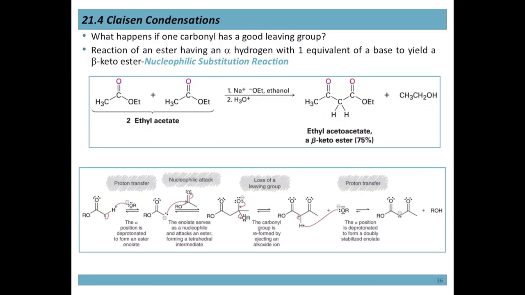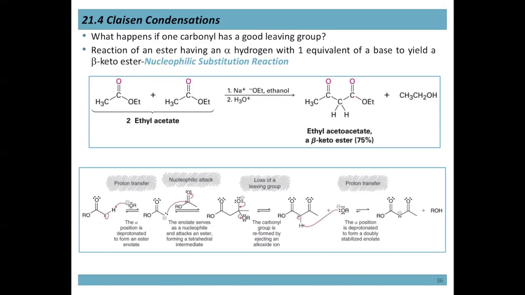These were discovered by Claisen and are known as the Claisen condensation reactions. You notice they're a little bit different than the aldol reactions. In this case, what we get out of a Claisen reaction is always a beta keto ester.